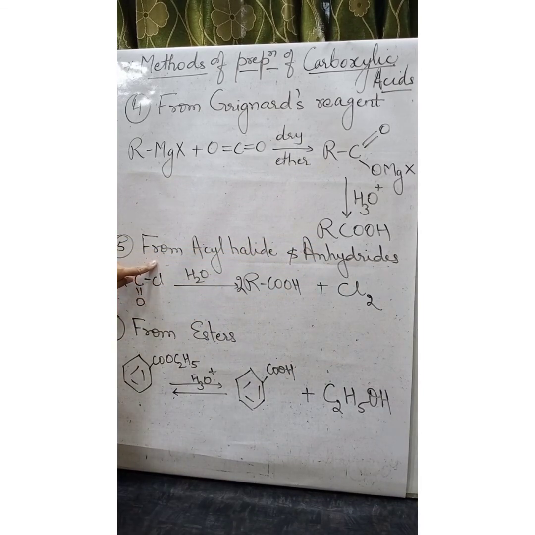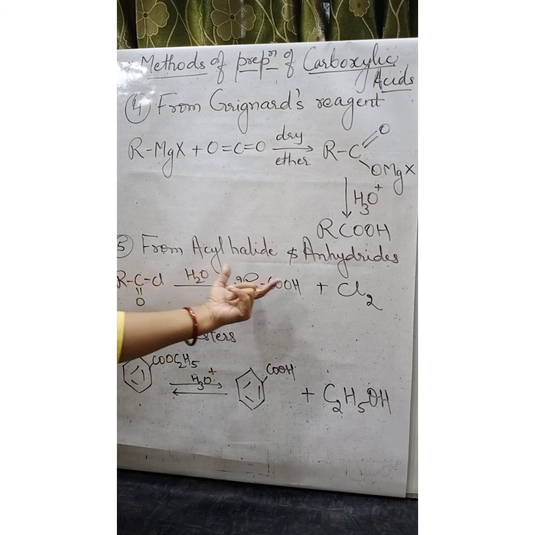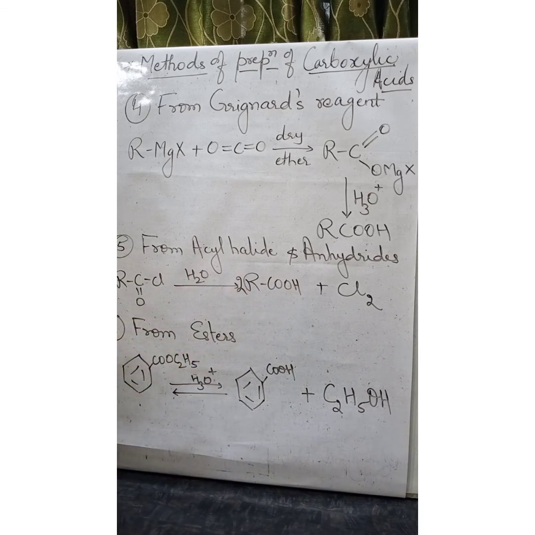From acyl halide and anhydrides also we can prepare these carboxylic acids. Acyl halide or acyl chloride on hydrolysis gives you carboxylic acid. From esters also we can prepare carboxylic acids. The acidic hydrolysis of esters directly gives carboxylic acids.